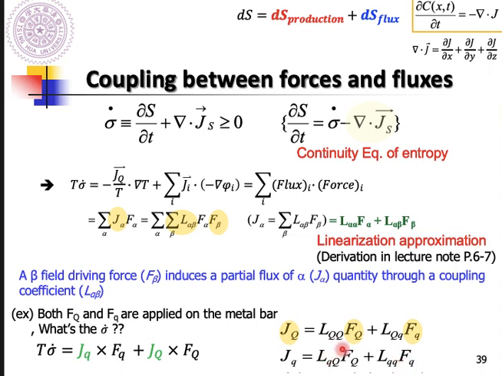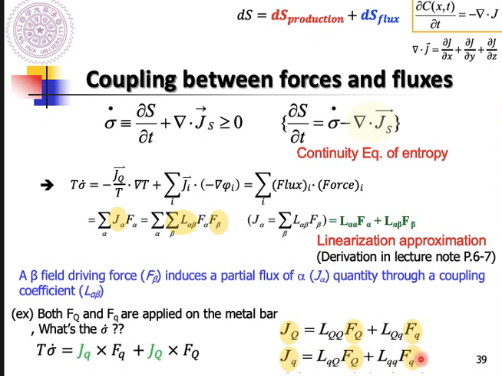So the same idea can be applied here. L small q capital Q means the driving force is F capital Q, contributing to small q, the electrical current. And small q is the driving force F small q, the electrical potential gradient, contributing to the electrical current small q. So based on this, we know both these driving forces contribute to the heat flux. The same idea happens on the current part.